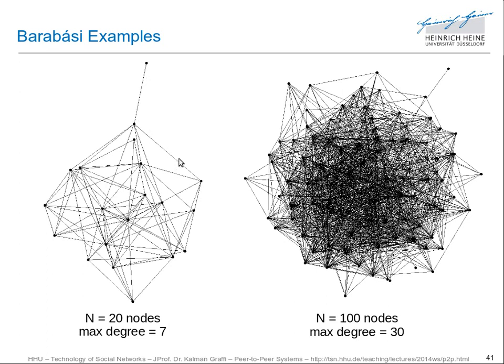And here we have a Barabasi graph with 100 nodes and a maximum degree of 30. Somewhere in the middle there are a lot of nodes which have a big neighborhood, for example this node. But there are also nodes which have only one connection.